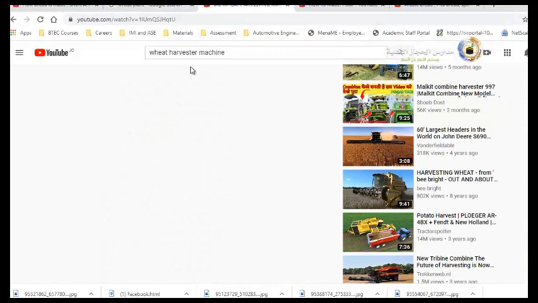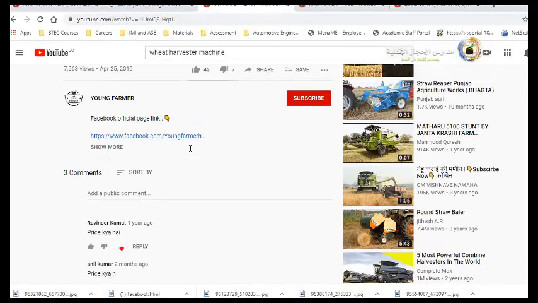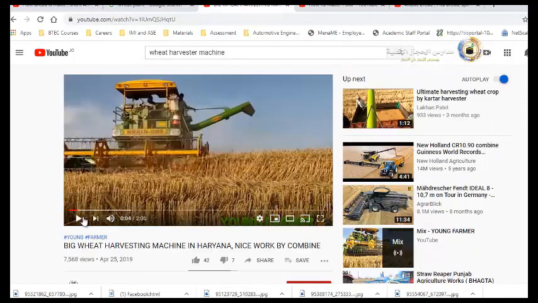Here it is. This field is full of wheat plants.